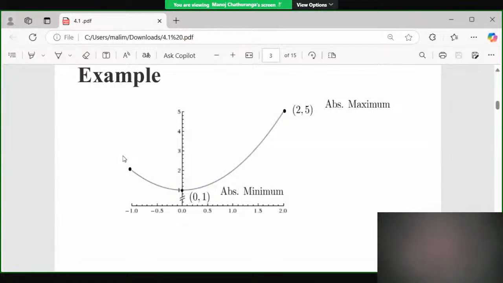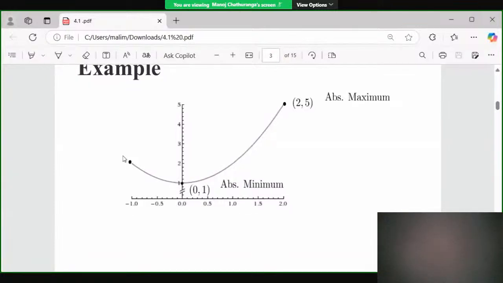And any other peak will be a local maximum. The top of any other smaller mountain will be a local maximum, not the absolute maximum. There is only one absolute maximum, that is this tallest mountain.